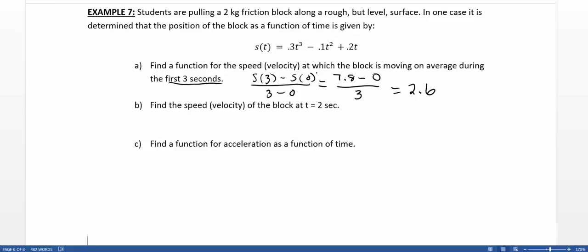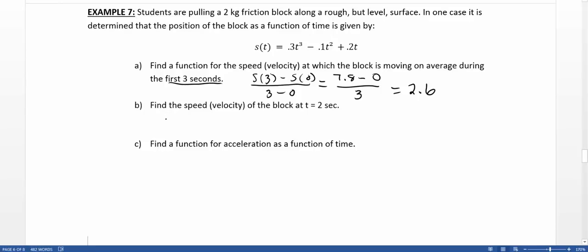However, in part B, when we're looking for the velocity at time equals 2, we're looking for an instantaneous rate of change. So here we can apply our formulas, because now we can talk about the velocity, which is the derivative of position.